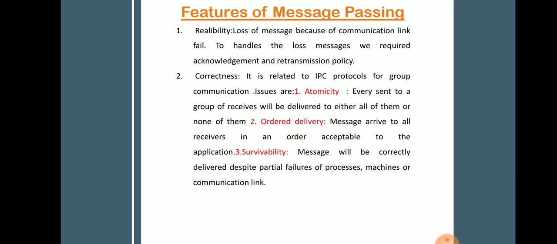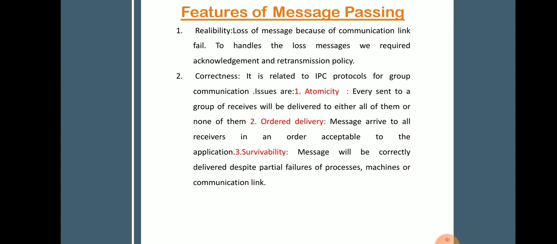Then the next one is correctness. Correctness is a feature related to inter-process communication protocols for group communication. The issues related to correctness are as follows. First is atomicity. Every message sent to a group of receivers will be delivered either to all of them or none of them.